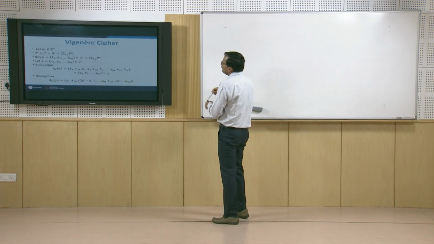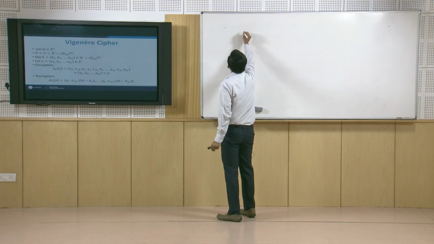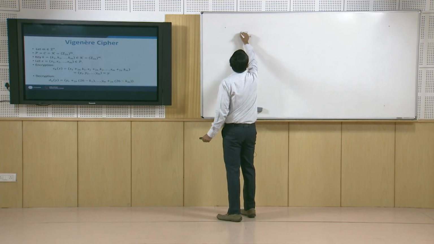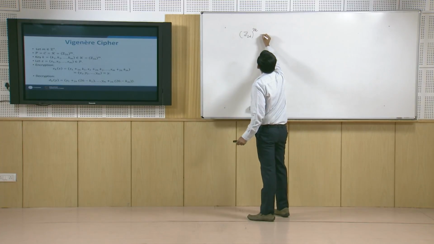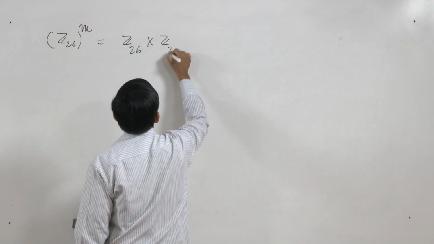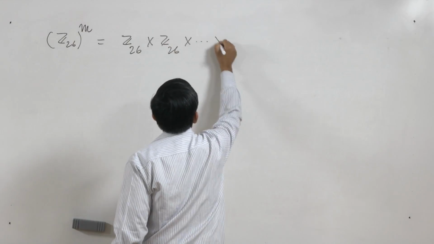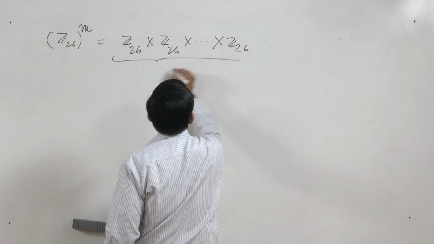I have taken a positive integer m, and Z26 to the m is simply Z26 cross Z26 cross Z26, and this goes m times.